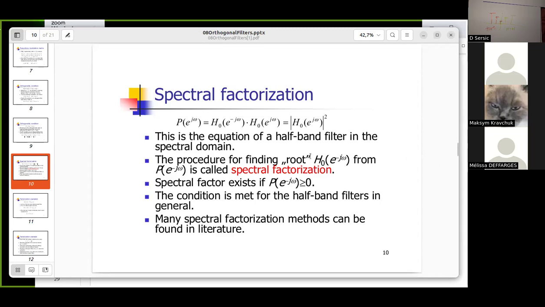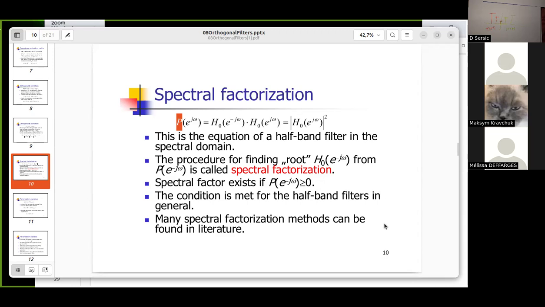Such a factorization looks like taking a square root of a polynomial. You have a product filter, and you must find something that to the power of 2 is equal to P, which means you are actually finding a root of the polynomial. Spectral factors exist, and they are real, if P is greater than 0.